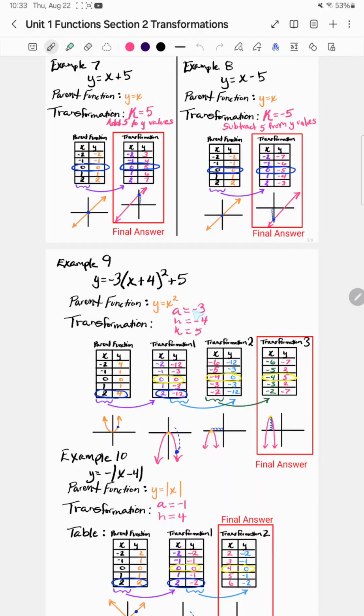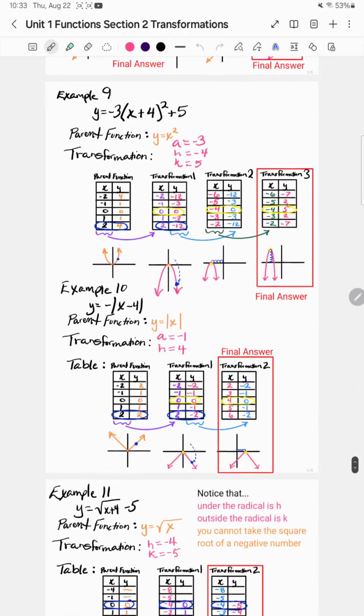The first thing that happened was that the negative made the graph flip over. The 3 stretched the graph down more. Then the H moved the graph 4 spaces to the left, and then K moved it 5 spaces up. And then you have your final answer.